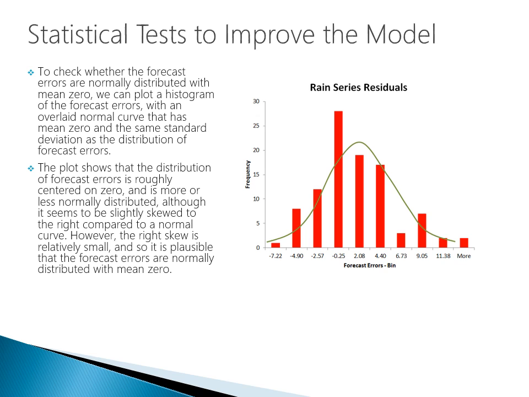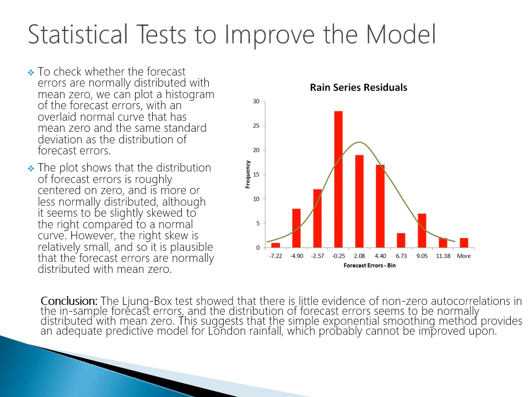However, the right skew is relatively small, and so it is plausible that the forecast errors are normally distributed with a mean of 0 in this case. So overlaying the normal distribution against the histogram gives us an idea of whether or not this assumption has been violated.